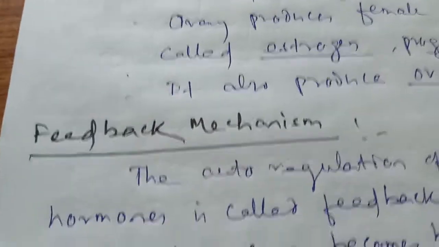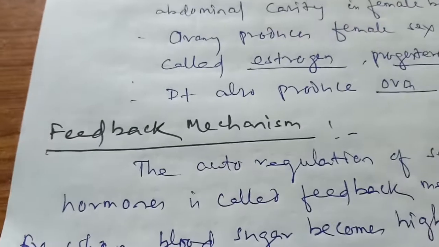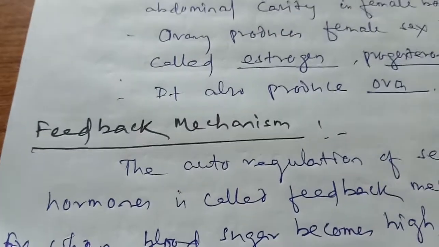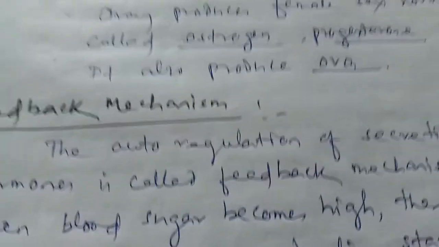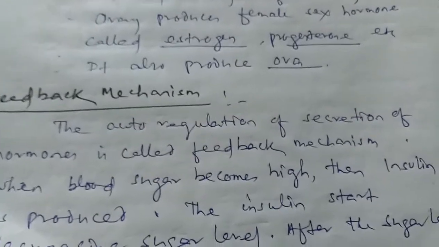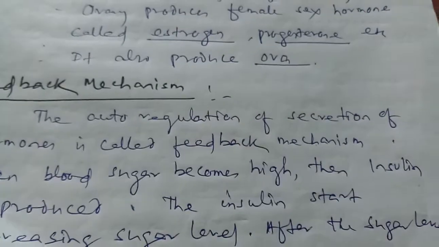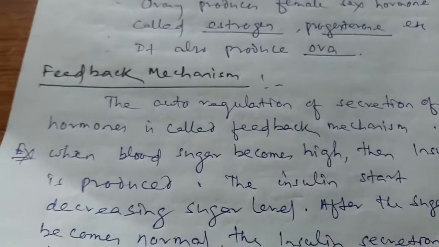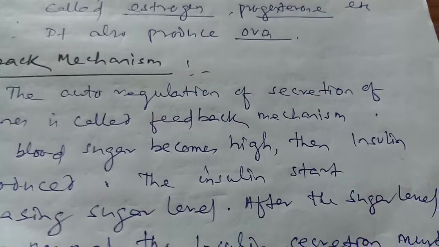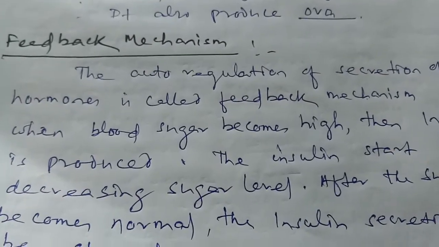The last part of this hormonal system is the feedback mechanism. It is a wonderful system in the body, students. The auto-regulation of the secretion of hormones is called the feedback mechanism. For example, when the blood sugar becomes high, insulin is produced. The insulin starts decreasing the sugar level.